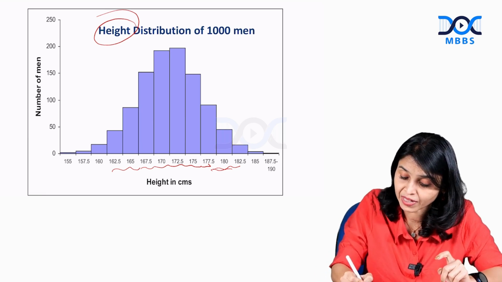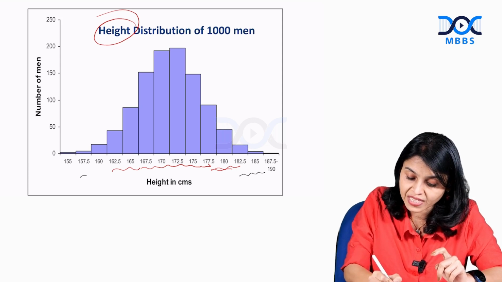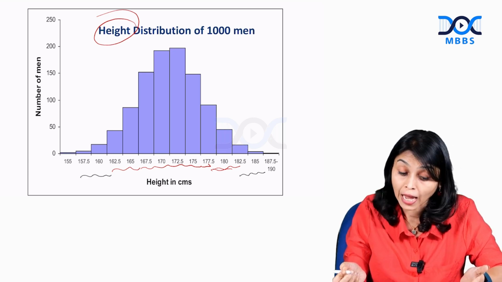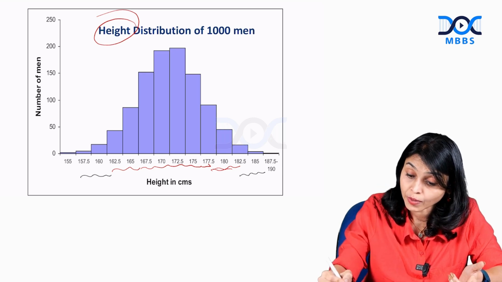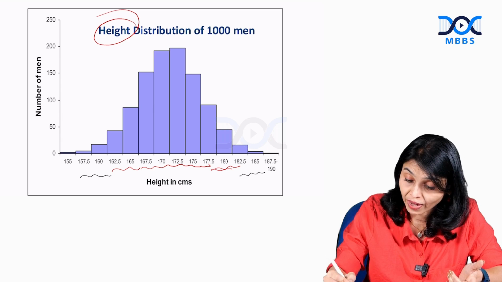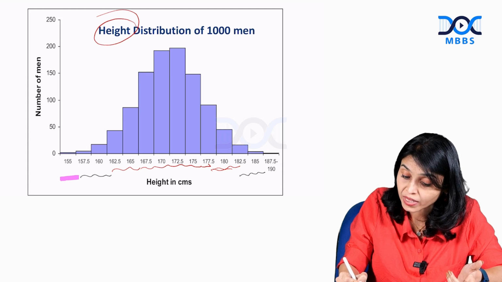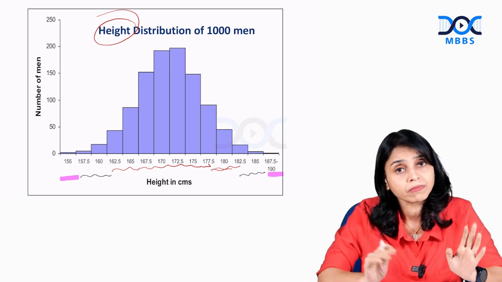And those males having height between 182 and 187, 157 and 162 are again less. And those males having height less than 155, see, less than 155 and more than 185 are rare, right?